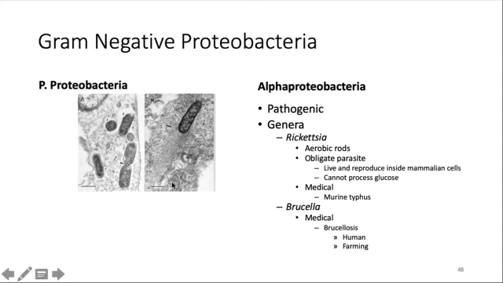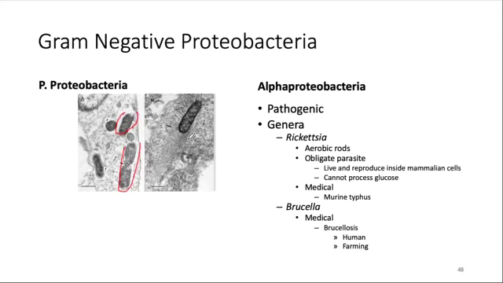So this is Rickettsia intracellularly in both pictures, as you can see. So this is Rickettsia, and that's Rickettsia as well. And it lives within the cells, or within the tissues, of mammals.